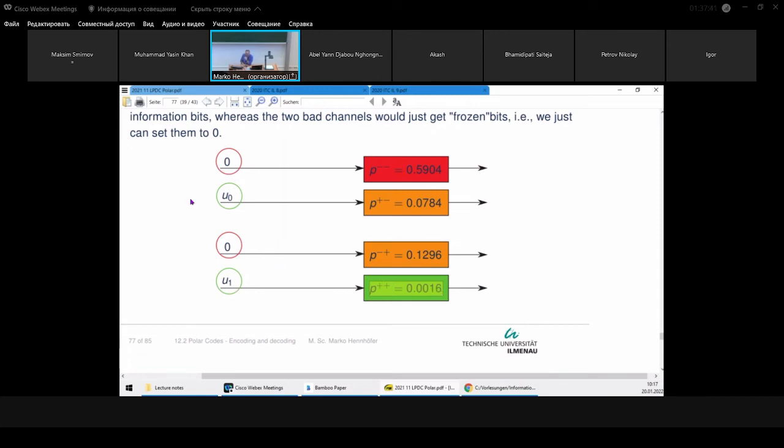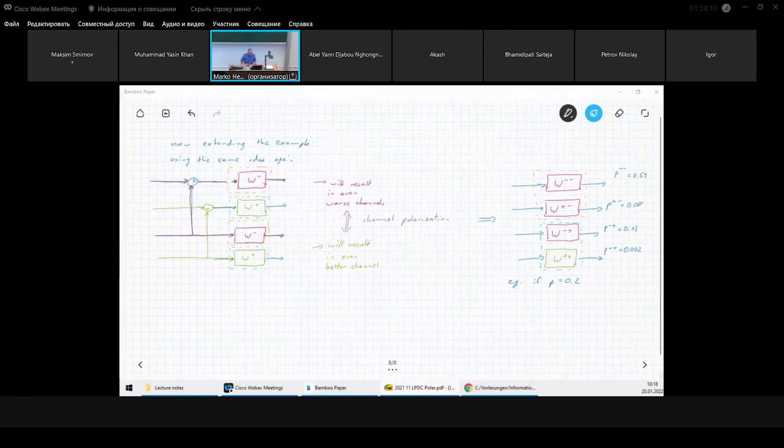There we would assign our information bits, and we would have 200,000 subchannels with very high error probabilities. So the useless ones, with error probability like 0.99, we would use to transmit our frozen bits. But we could transmit 800,000 bits error-free. So this is basically channel polarization.